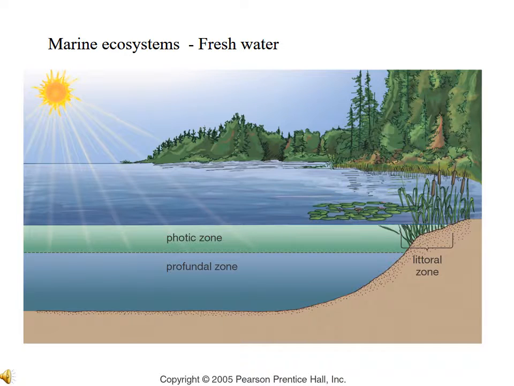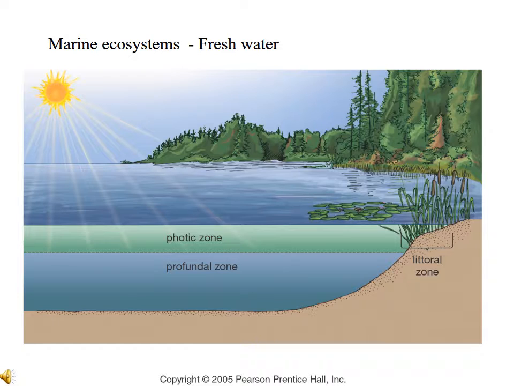Now we will go and look at marine ecosystems. To start with, the marine ecosystem can be broken down into freshwater and saltwater. As we look at this lake, we see that the lake consists of a photic zone, which is basically a few feet deep, which allows the sunlight to penetrate.